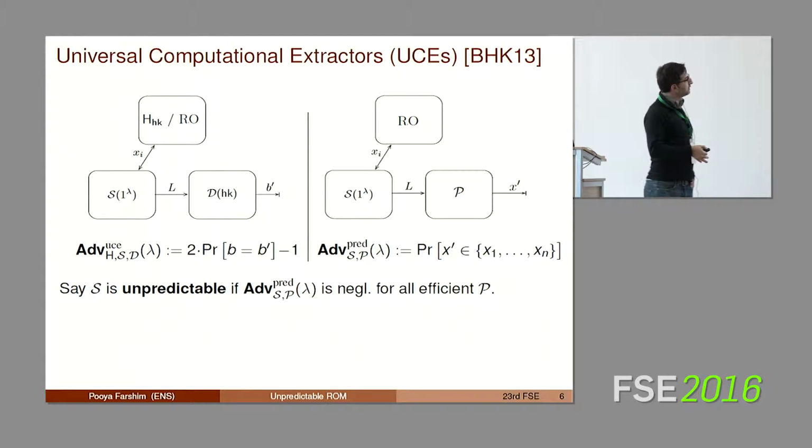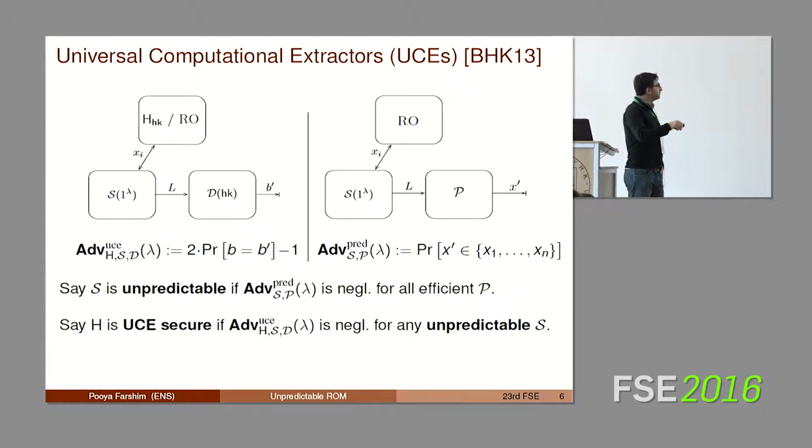So how do we define security? First of all, we say that the source S is unpredictable if the advantage of any predictor against the source in this game is negligible for all efficient predictors P. And then we define UCE security.